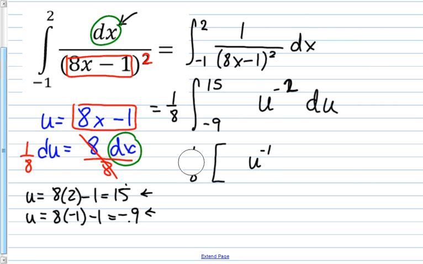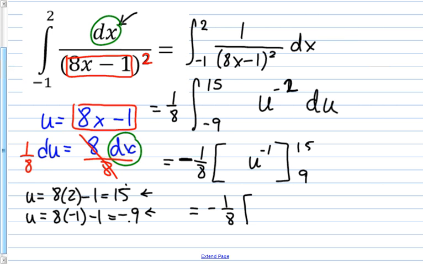So 1/8, and here's a nice little negative. Okay, so add an exponent, divide by it, and that's why I put the negative 1 outside, basically. And I'm evaluating this from 15 and 9.